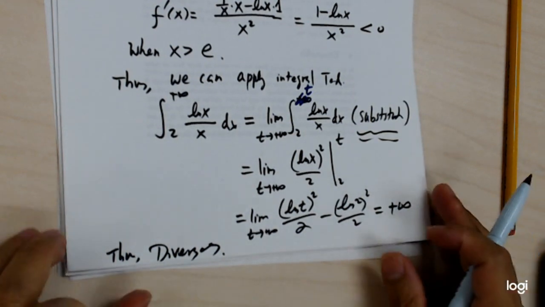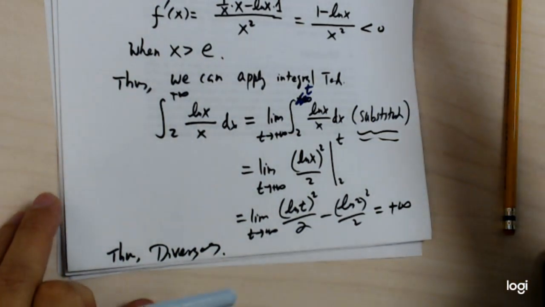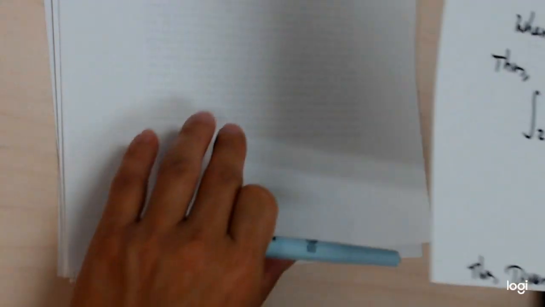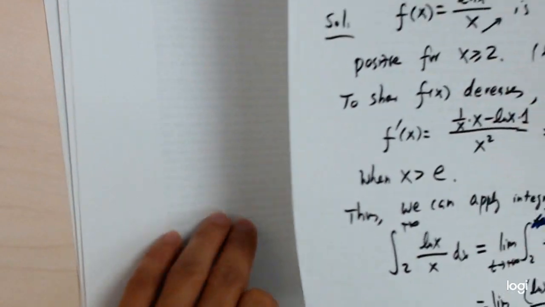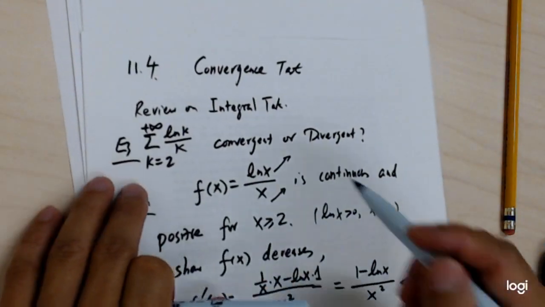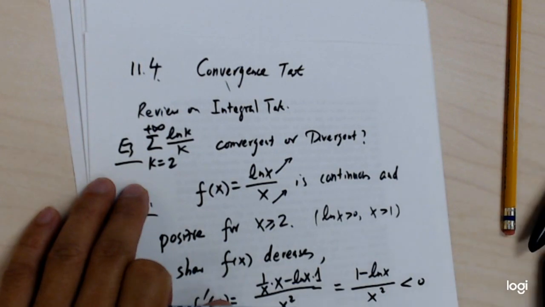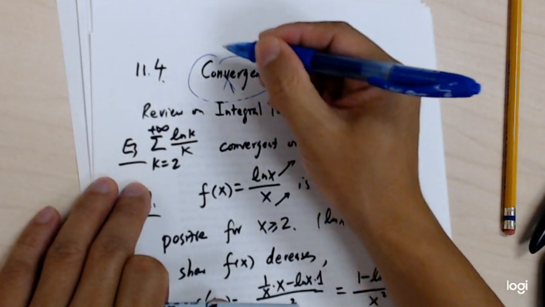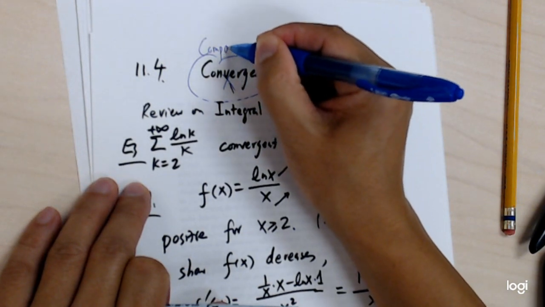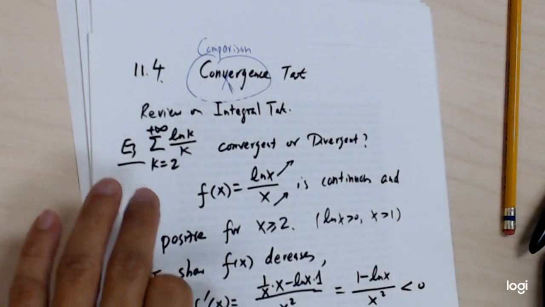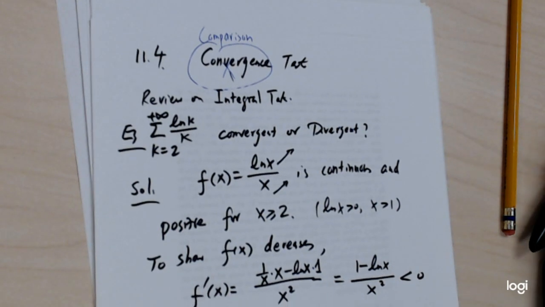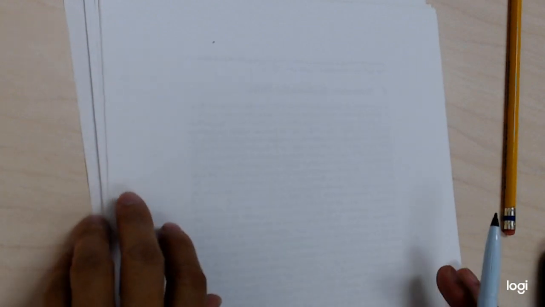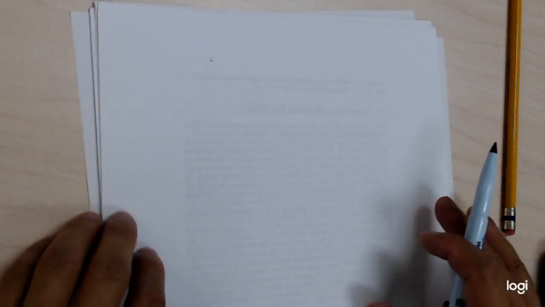So that was a quick review on the integral test. So let's continue with the comparison test. Sorry, I noticed the title is wrong. It's not convergence test, it's comparison test.